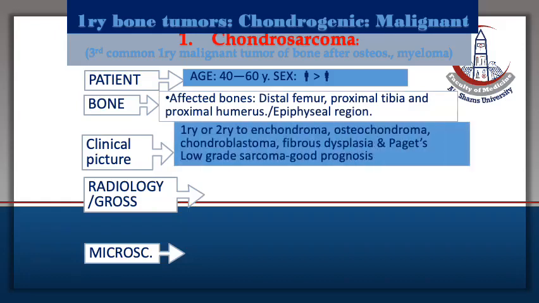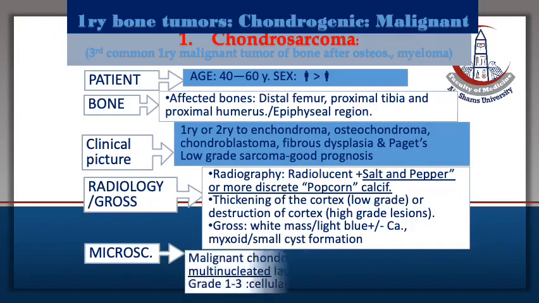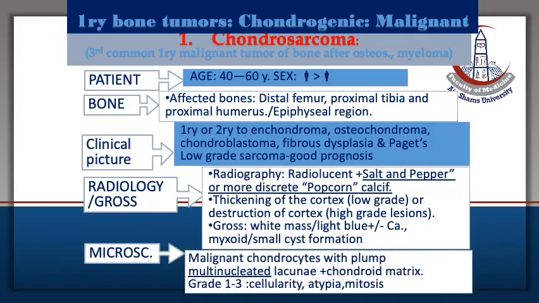It may be primary or secondary to other lesions like enchondroma. It appears as a radiolucent mass with popcorn calcification, and under the microscope there are malignant chondrocytes amidst chondroid matrix, and it is graded into 3 grades according to the level of atypia.